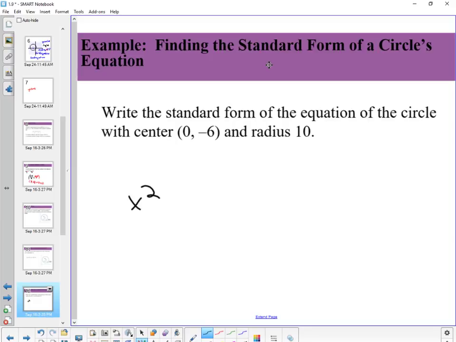Was there movement up or down? Yes. So this is going to become a plus 6. And the equal part would be 100. Ask me questions. Where'd you get the 6 from?